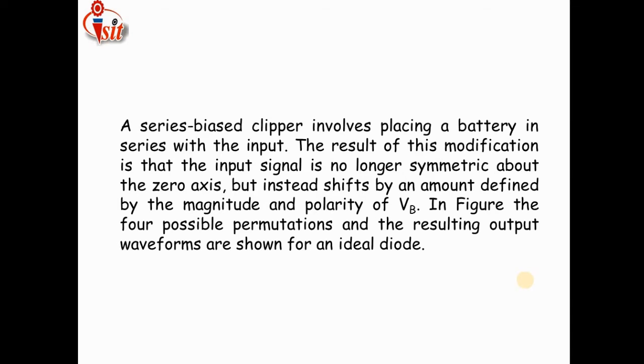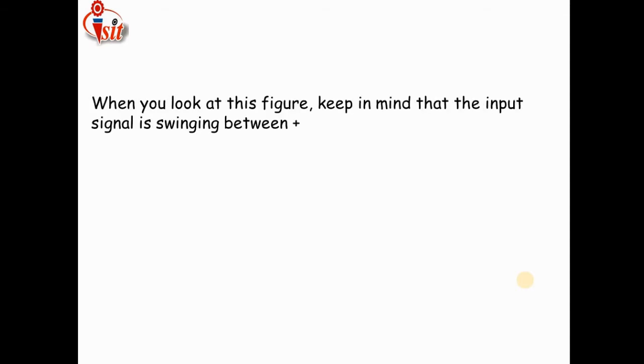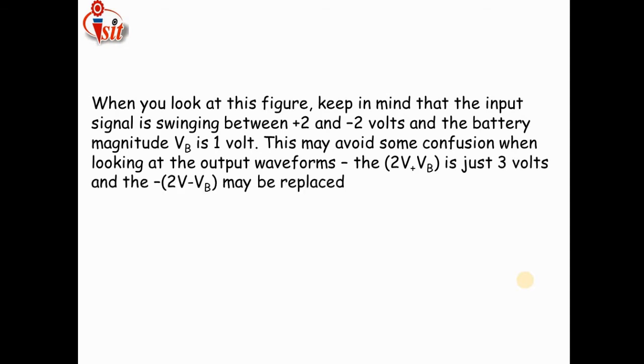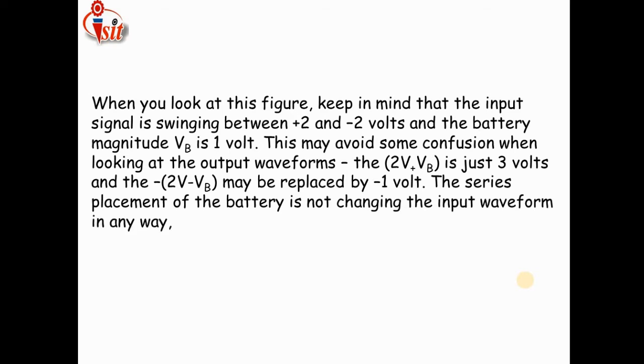In the figure, the four possible permutations and the resulting output waveforms are shown for an ideal diode. When you look at this figure, keep in mind that the input signal swings between +2 and -2 volts, and the battery magnitude, that is the bias voltage, is 1 volt. This may avoid some confusion when looking at the output waveforms.